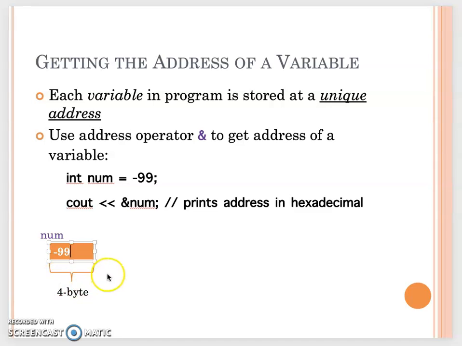Of course, these 4 bytes don't really hold -99; it is converted into a binary number. 4 bytes is 4 times 8, which is 32 bits, and these 32 bits hold the binary number that represents -99.